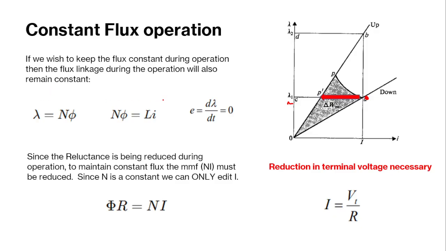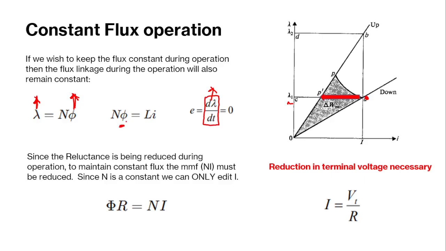So if this is what we change, we want this to be constant. For this to be constant, your flux has to be constant. If this changes and this changes, therefore this is going to change.